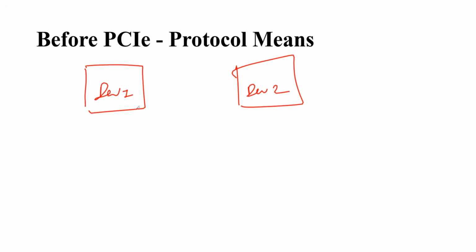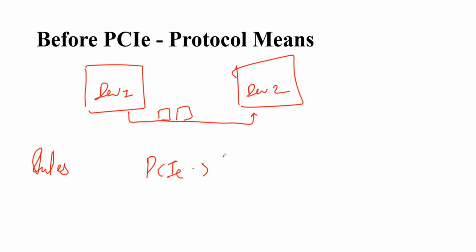Let's say device 1 wants to send some data packet to device 2. How can I establish the communication? There is some rule which we have to follow in order to make a successful communication. That rule is nothing but your protocol.